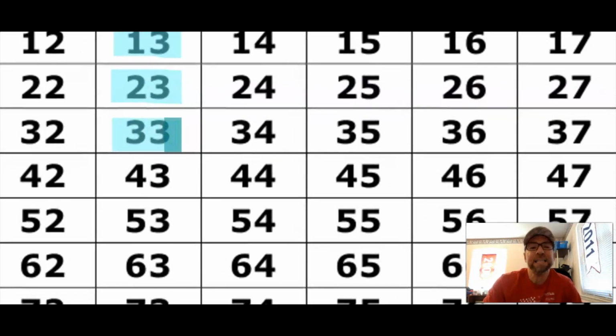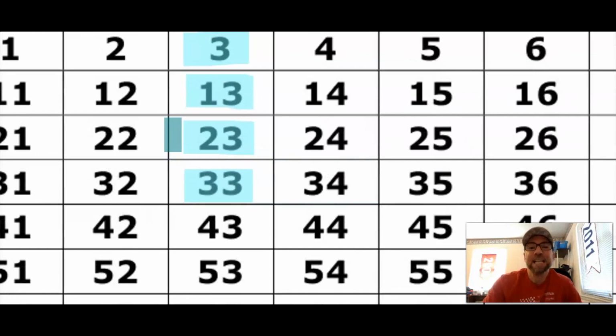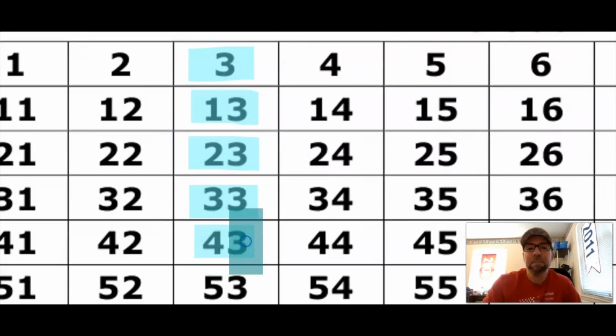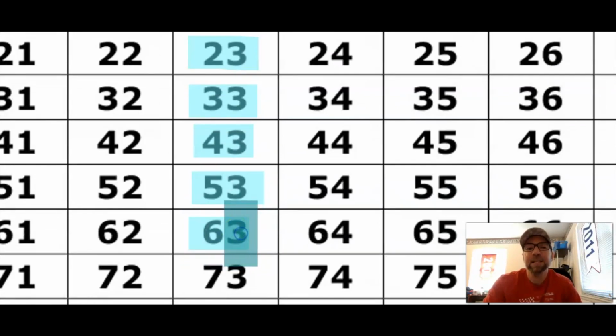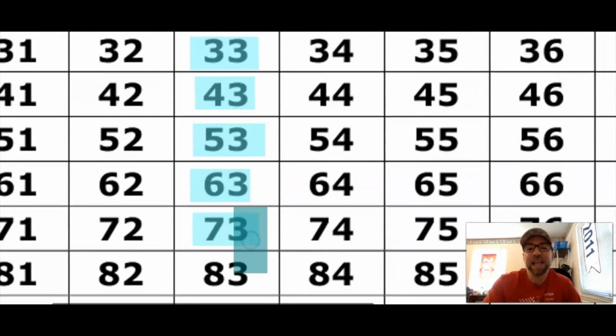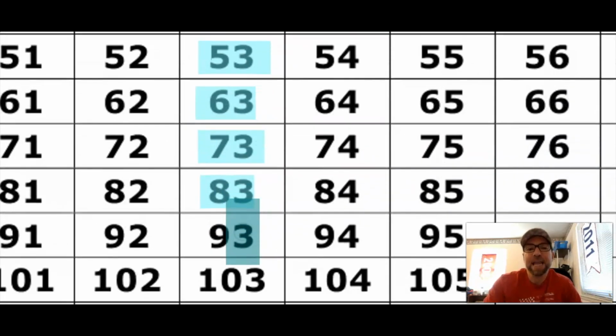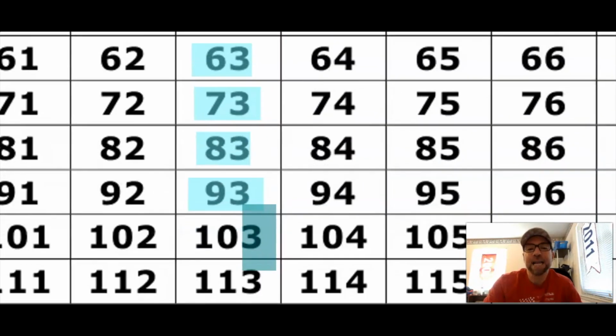The ones digit stays the same, but the tens digit keeps changing. 63, 73, 83, 93. And now's a tricky one. 103.